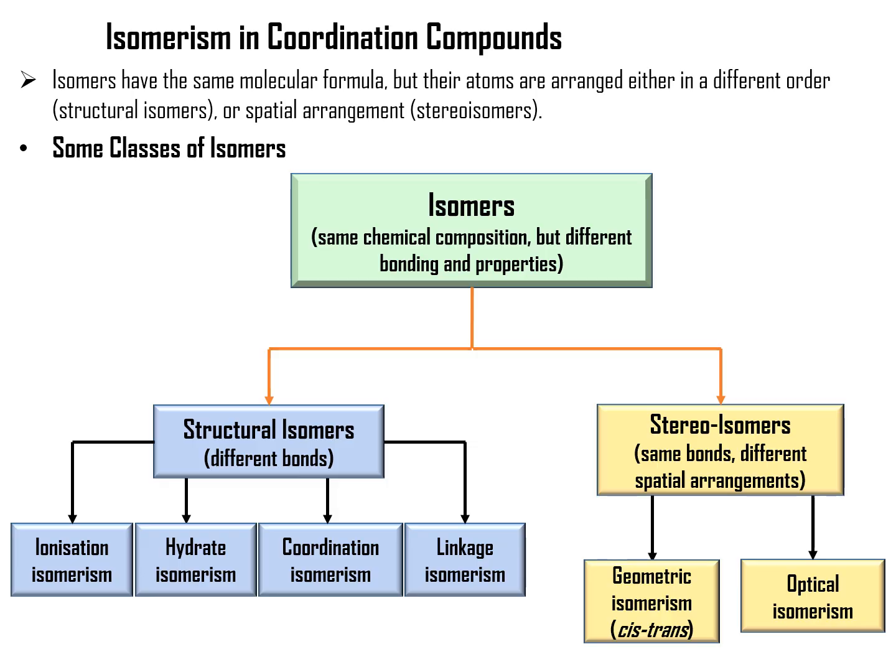Now the classification of coordination compounds. First we can see types of isomerism. Structural isomerism includes ionization, hydrate, coordination, and linkage isomerism, whereas stereoisomerism includes geometrical and optical isomerism.